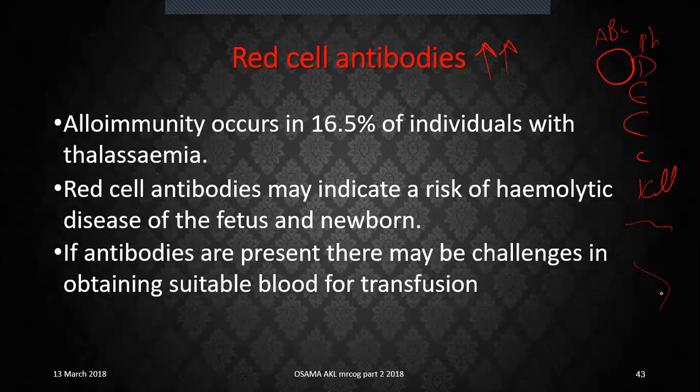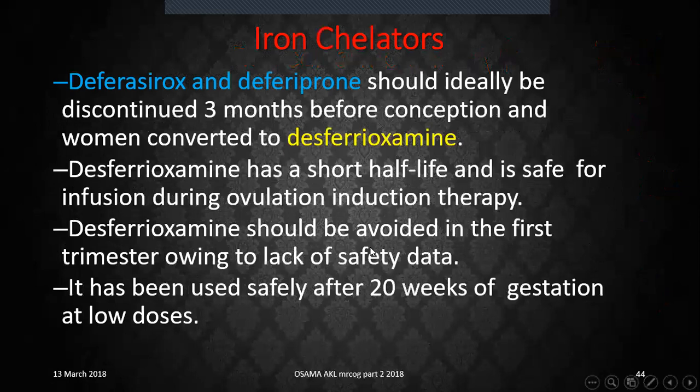Red cell antibodies are expressed more in patients with thalassemia. That's why there is difficulty in giving her the optimum blood transfusion and the optimum blood group. That's why we have to do detailed cross-matching and detailed identification of the specific blood group for these women. And it's a challenge to offer blood transfusion to them by giving the specific blood group to avoid sensitization.